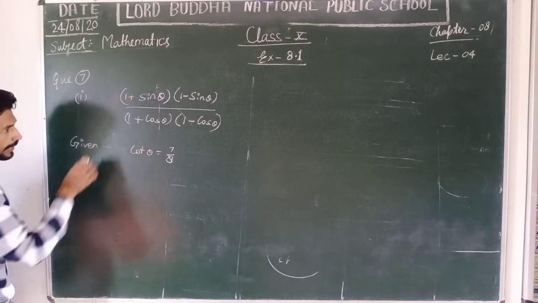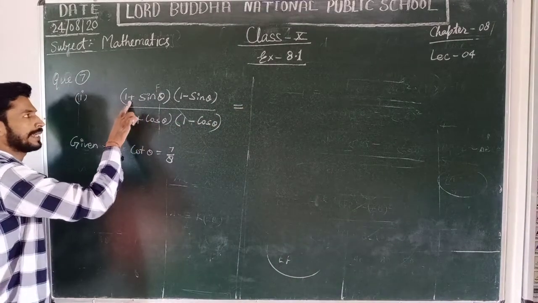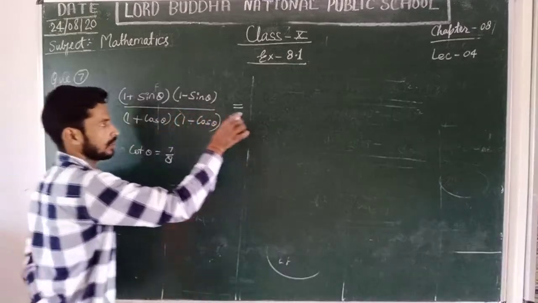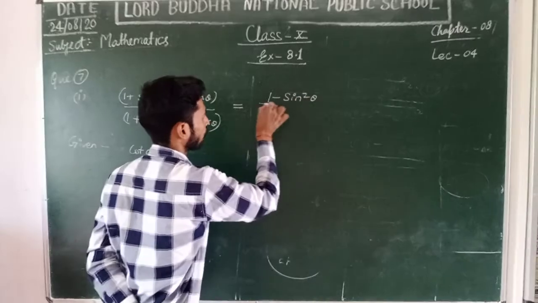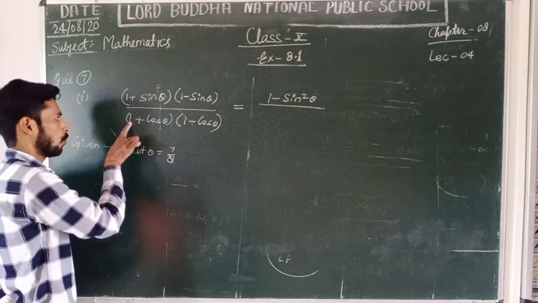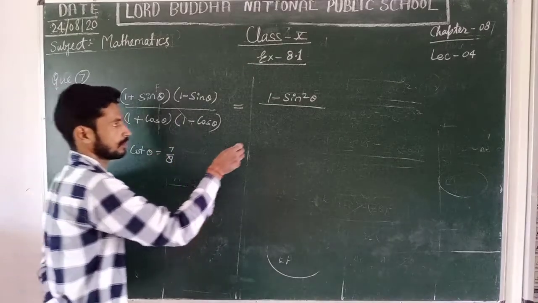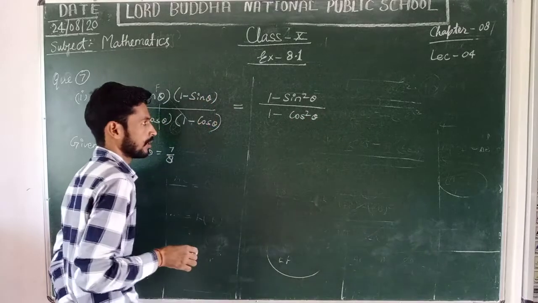So for this condition we can write it as 1 plus sin theta, in the next bracket 1 minus sin theta. Then we can write 1 minus sin square theta upon 1 plus cos theta in the first bracket and 1 minus cos theta in the next bracket, so we can write 1 minus cos square theta.